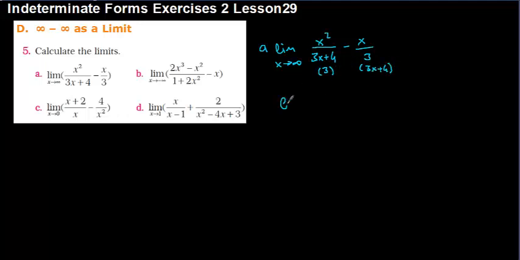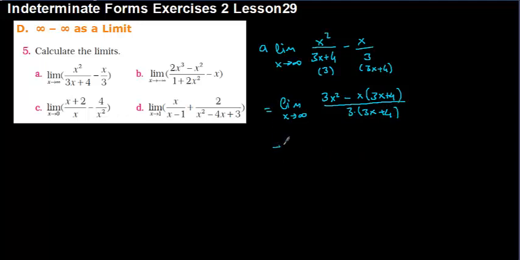Then this is going to be equal to limit x tends to infinity, 3x squared it's going to be, and here when you multiply cross the denominators, they are going to be equal. That's why directly I'm writing now x times 3x plus 4, and the same denominator, 3 times 3x plus 4, is the common denominator for us.